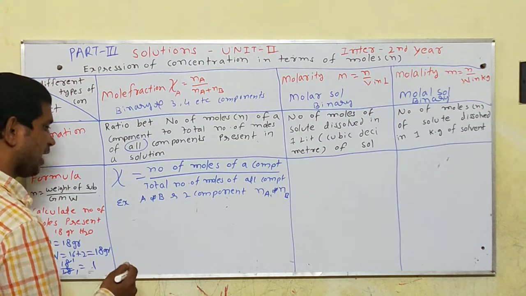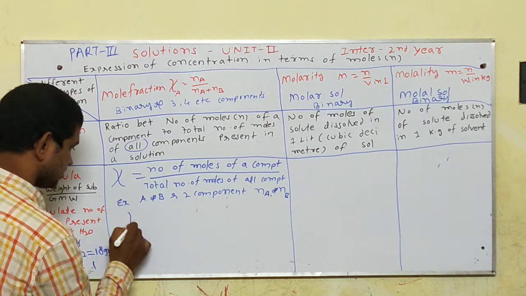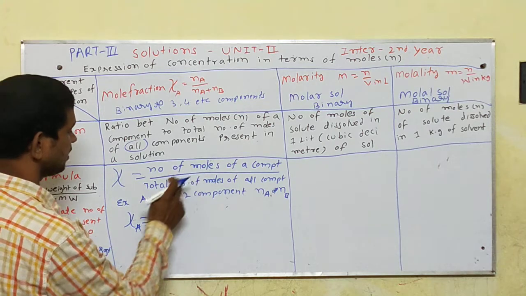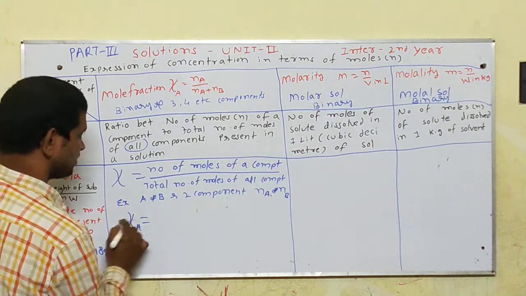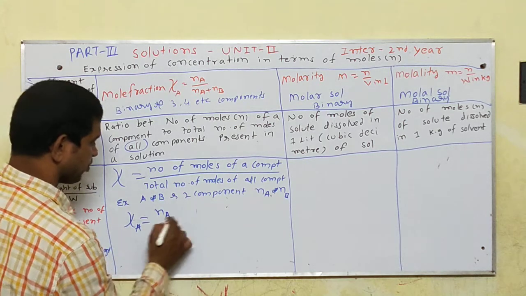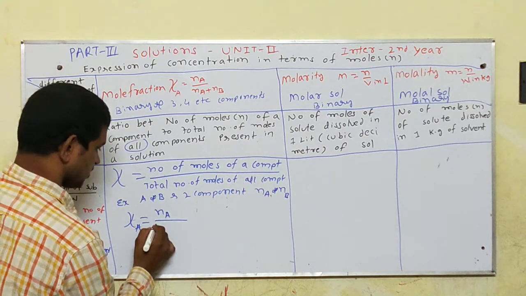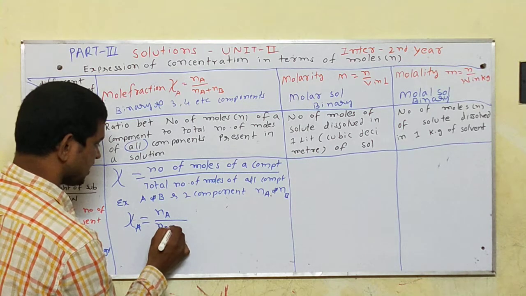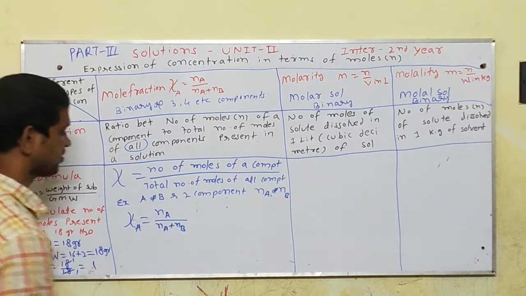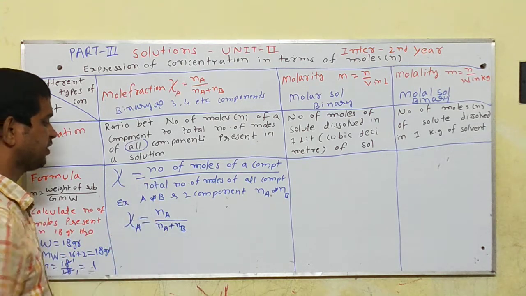If I have to calculate the mole fraction of A component, I have to write Xa equals, as per the formula, the number of moles of A component, that is Na, divided by the total number of moles of all components. It is a binary solution, only two components are there. Number of moles of A is Na plus number of moles of B is Nb. This is the formula to calculate the mole fraction of A component.